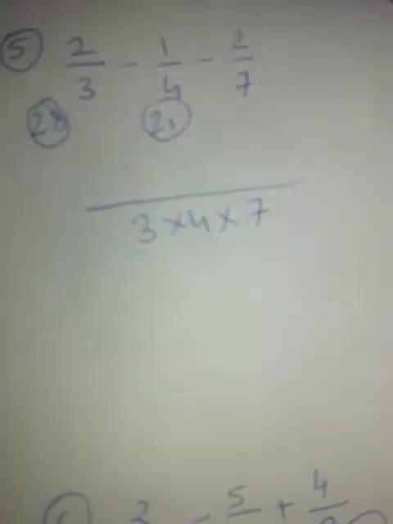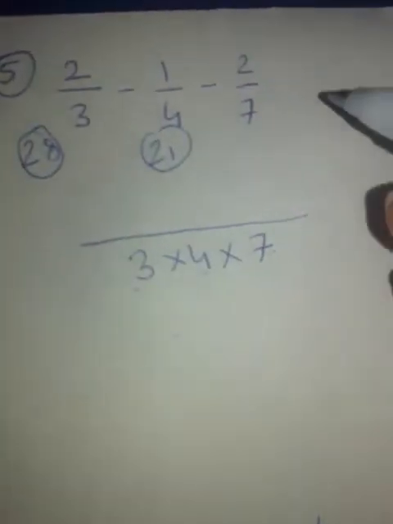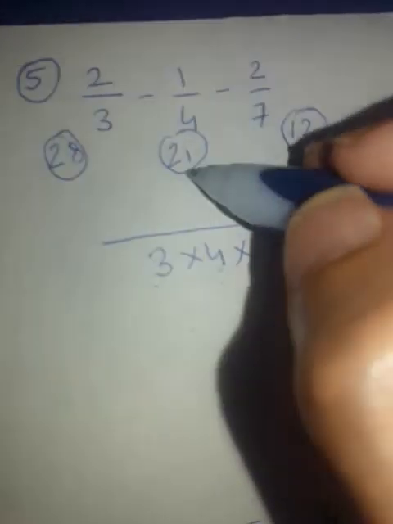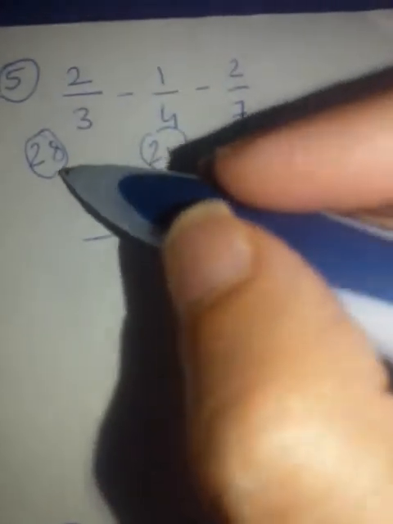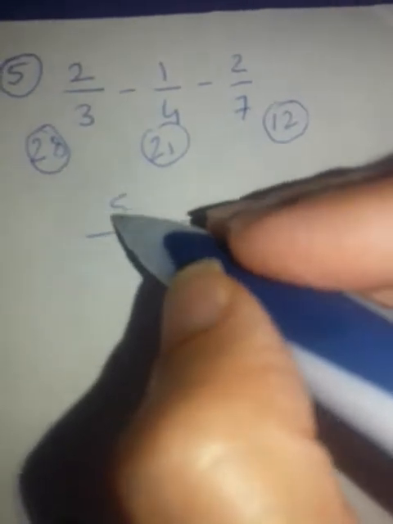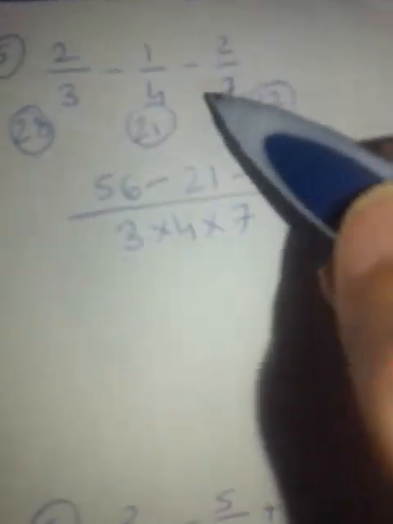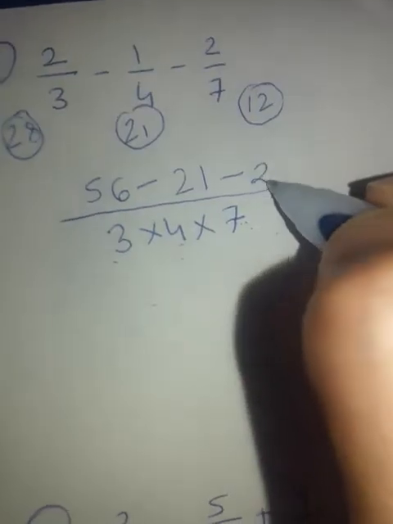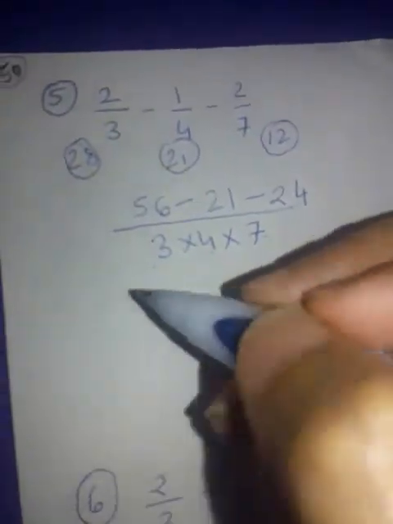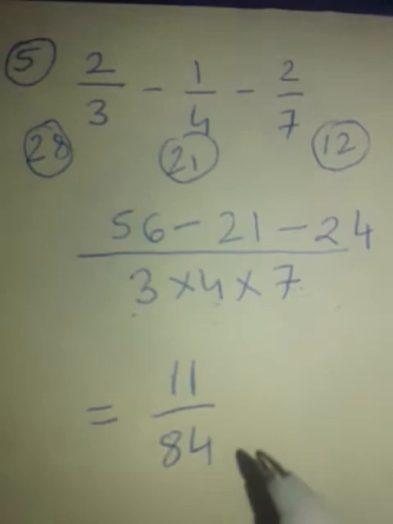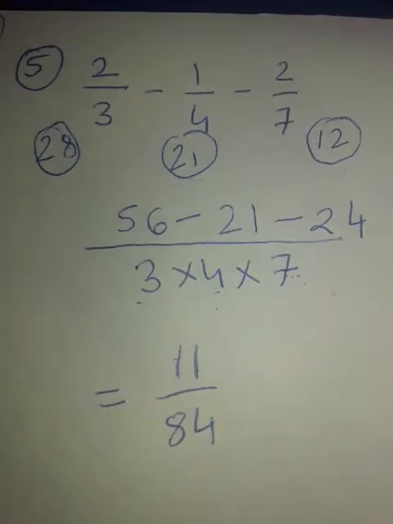That is 21. And for 7 it will be 4 3s are 12. So these will be their circled numbers. 28 2s are 56 minus 21 1s are 21 minus. Now here both signs are of subtraction. 12 2s are 24. And answer is 11 upon 84.